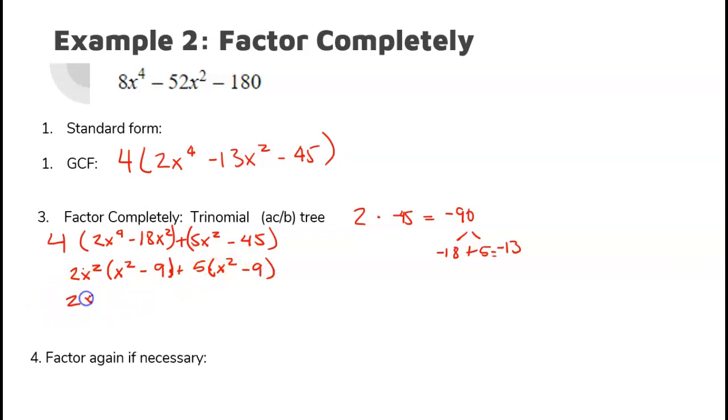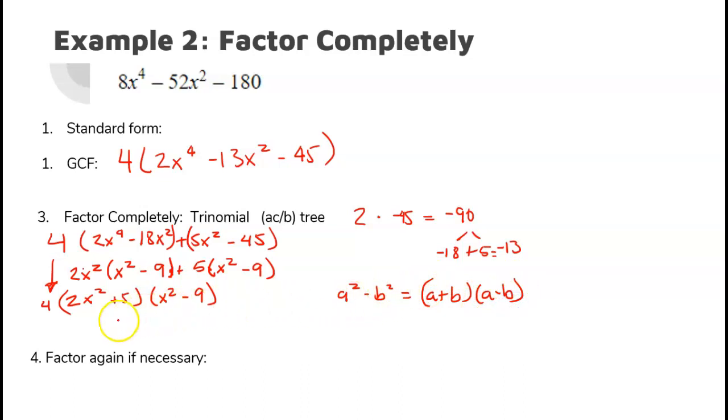I have 2x squared plus 5 times x squared minus 9. And I bring my 4 down. Now I'm not done yet, because if I look closely, I see that x squared minus 9 is a difference of perfect squares. And again, for perfect squares, a squared minus b squared is equal to a plus b times a minus b.